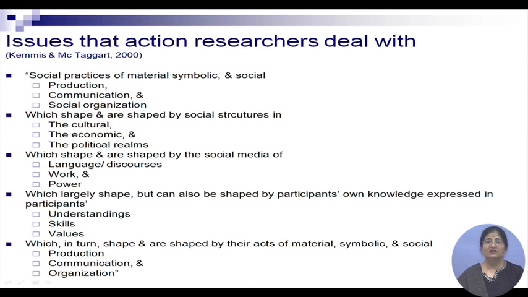Social practices of material, symbolic and social production, communication and social organization, which shape and are shaped by social structures in the cultural, the economic and the political realms, which shape and are shaped by the social media of language, work and power, which largely shape but can also be shaped by participants' own knowledge expressed in the participants' understanding, skills and values, which in turn shape and are shaped by their acts of material, symbolic and social production, communication and organization. So this really sums up the whole cycle.